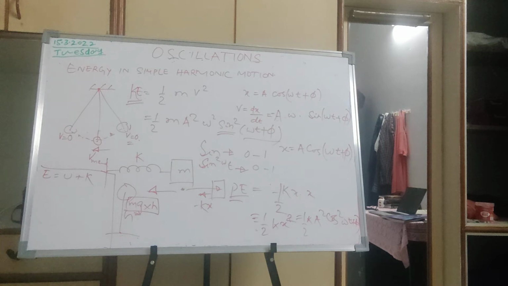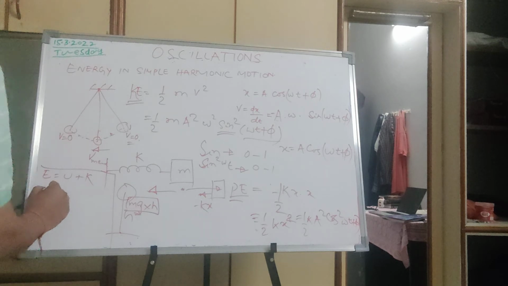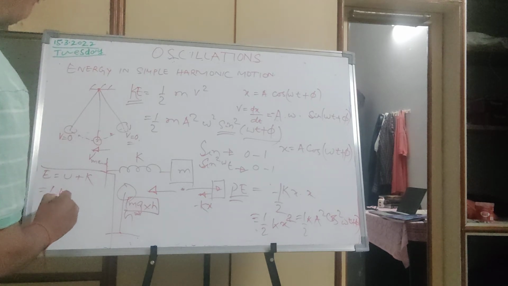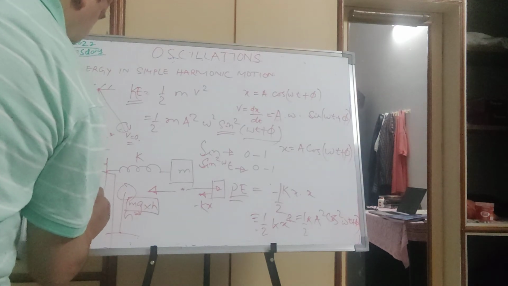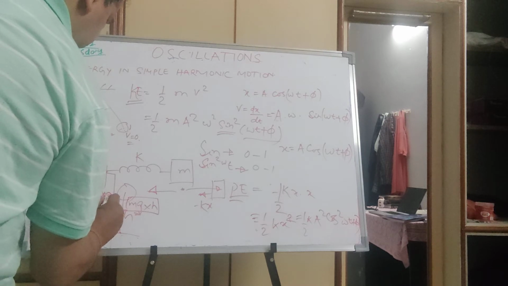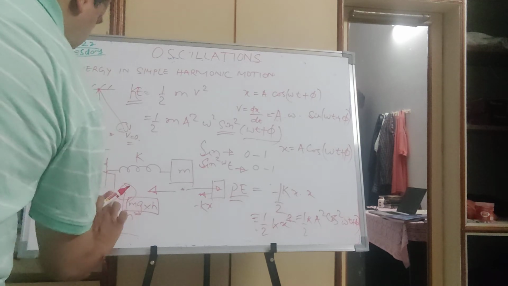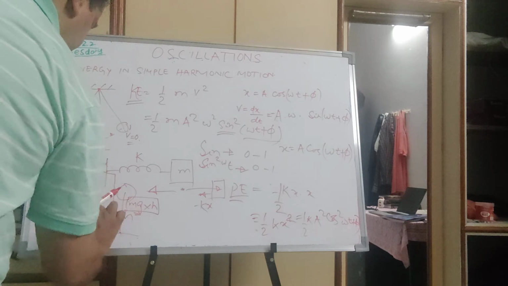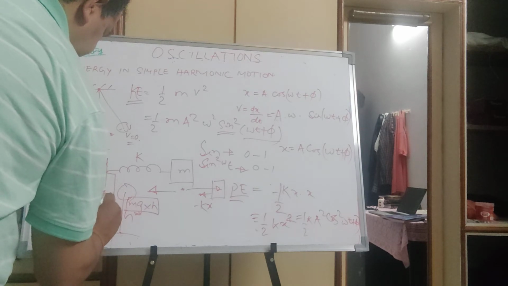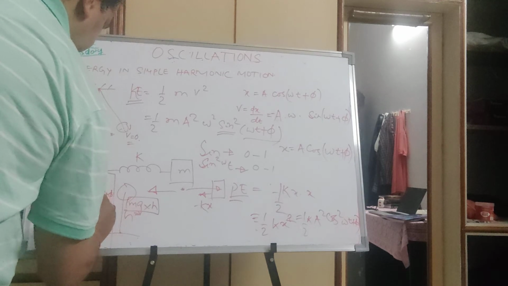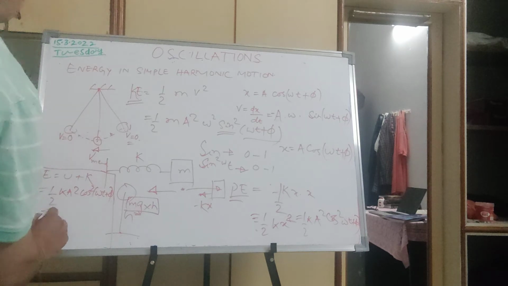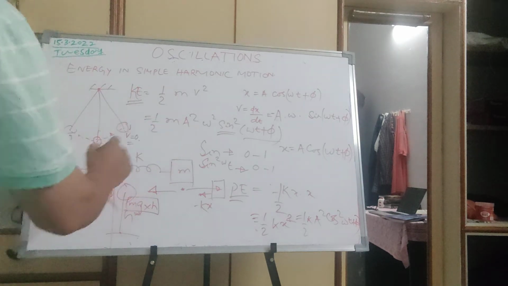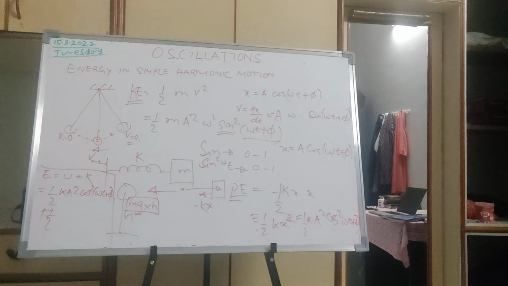So U is half k A square cos square(omega t plus phi). Okay, so that is your potential energy. Plus the other term we have written, half.